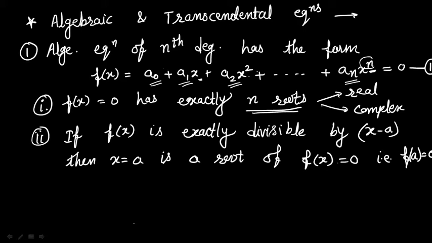Here first condition is f of x equal to 0 has exactly n number of roots, may be real or complex. Second, if f of x is exactly divisible by x minus a, then x equal to a is a root of f of x. That means f of a equal to 0.